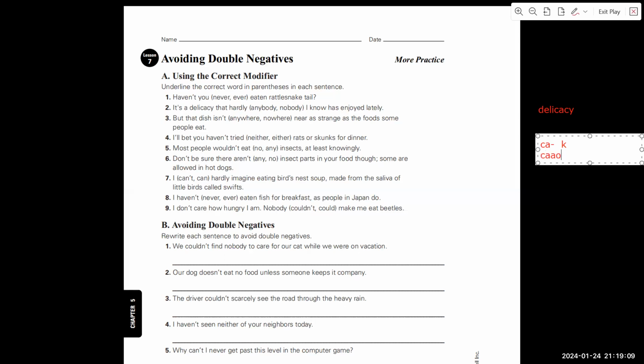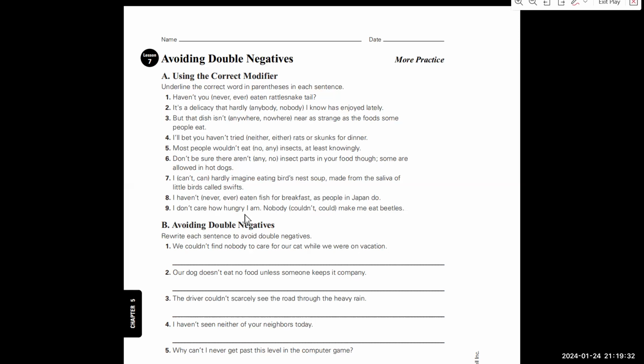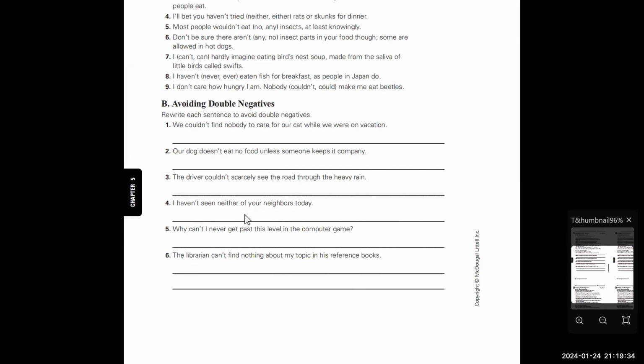Also C O and C U. But for C E and C I, that will be an S sound. Understand? Okay. And also for Y. So, because there are two sounds for letter C, it's K and S. Okay, continue.